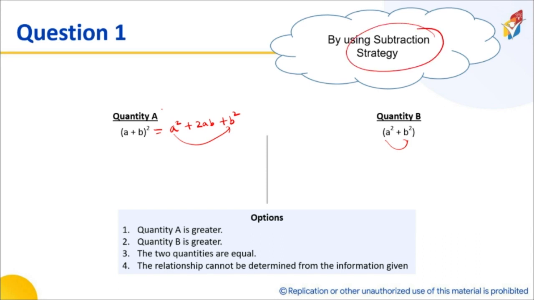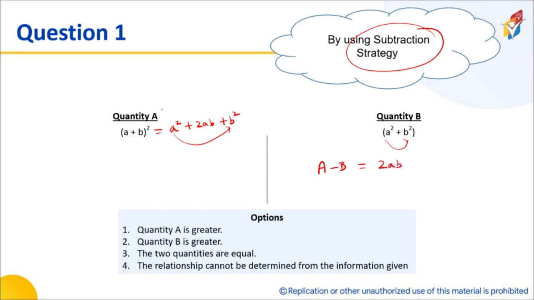If the terms in both the quantities are almost the same with only a small difference, when I subtract them, many of these things will get cancelled. So what would be the value of quantity A minus quantity B? If you notice, A square gets cancelled, B square and B square get cancelled. You will say this is 2AB.